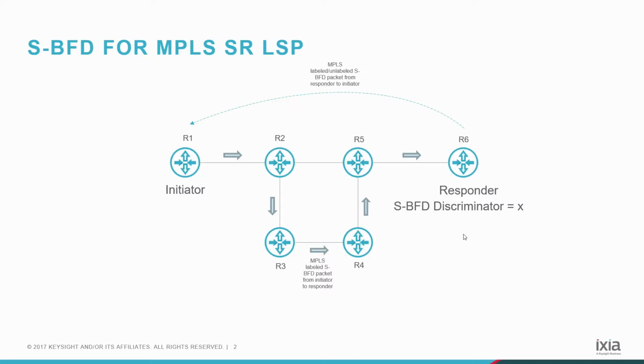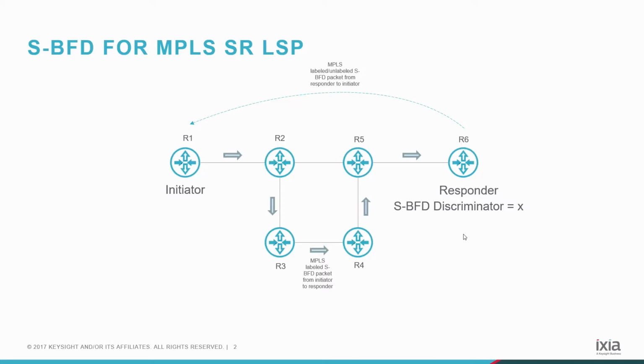In the context of IxNetwork, currently only SBFD over MPLS SR path, which is initiated by ISIS SR, is supported. So you can see that SBFD packets are sent through the MPLS path using MPLS labels, maybe multiple labels, to the responder.